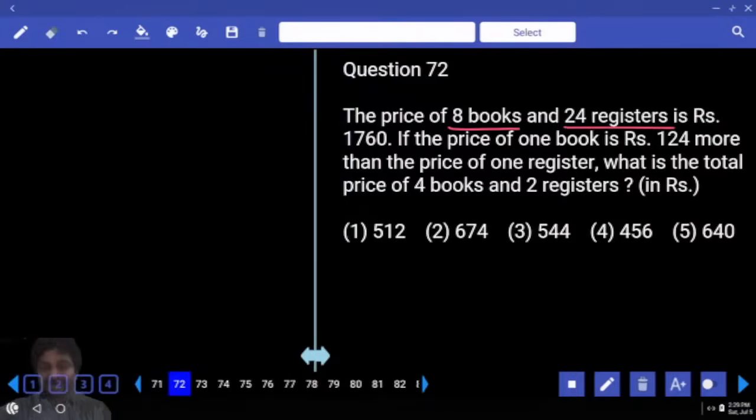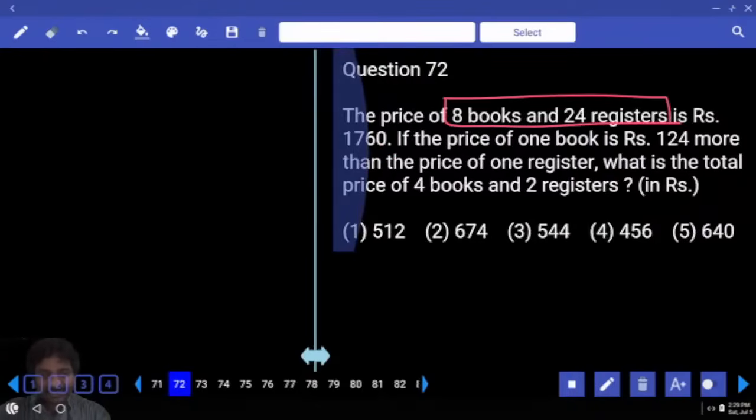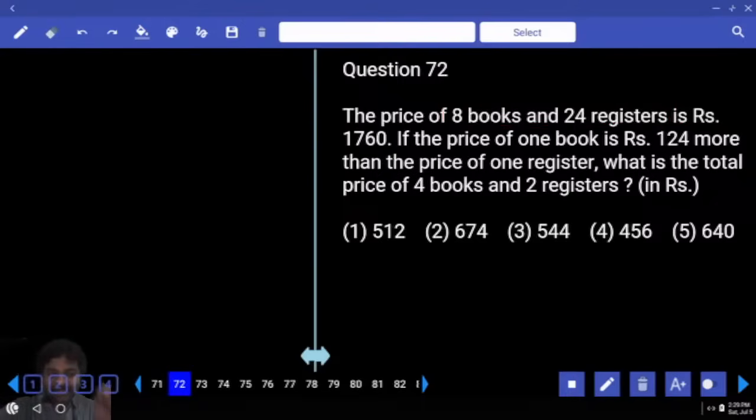There are 2 variables here, books and registers, and together cost is mentioned here. So you have to convert everything to books or everything to registers so that you can calculate one value. For that there is a comparison. One book price is equal to 124 rupees more than one register.